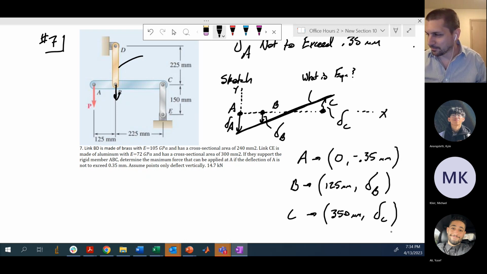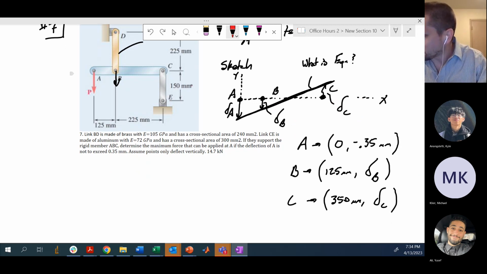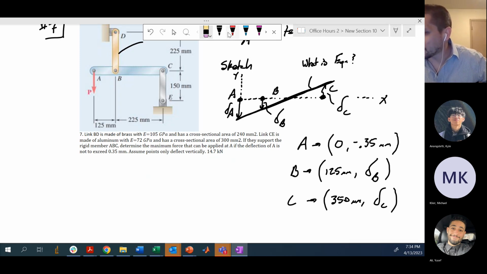That's the strategy here. We know from what we've discussed in class that the deflection down of B and the deflection down or up at C, whatever it's going to end up being, is governed by the forces inside these non-rigid links, CE and DB. We've got equations that we've used in class that help us determine what those deflections are going to be.